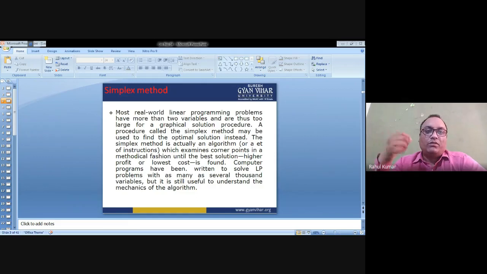How do we solve this problem in the best way? This type of approach is given by the simplex method. So this is a very easy method for solving a difficult problem.